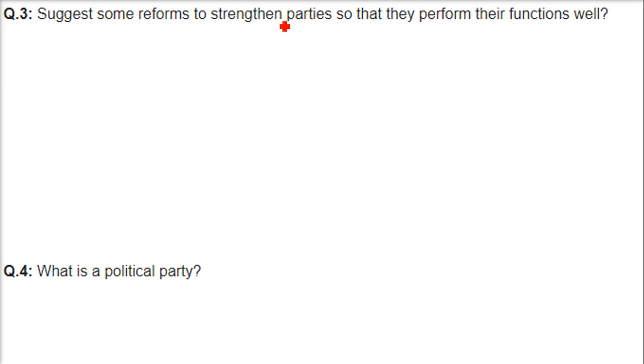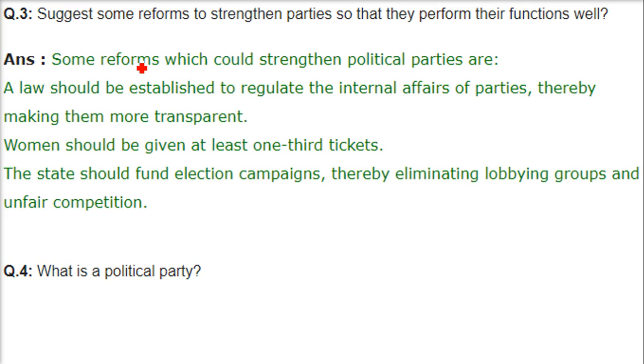Suggest some reforms to strengthen parties so that they perform their functions well. These reforms can be very helpful. First, a law should be established to regulate the internal affairs of the party, that is, all the working of the party should be made transparent.